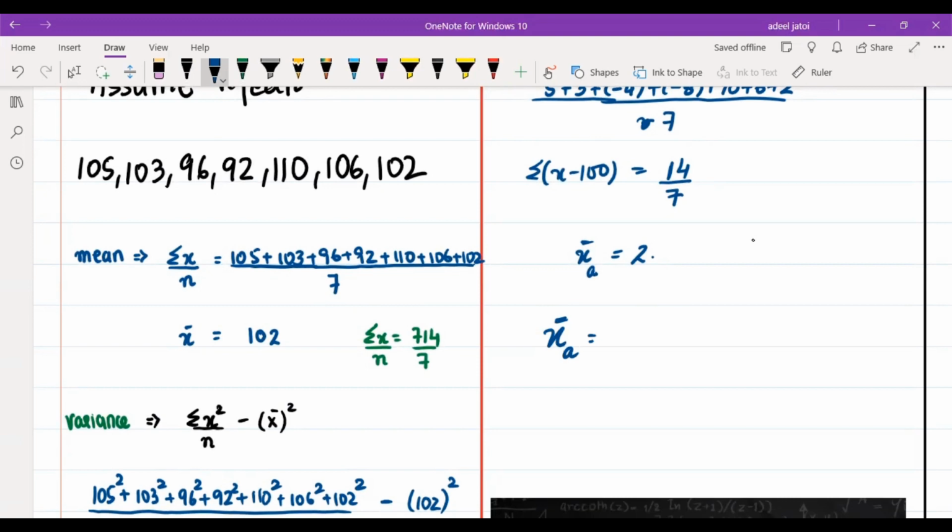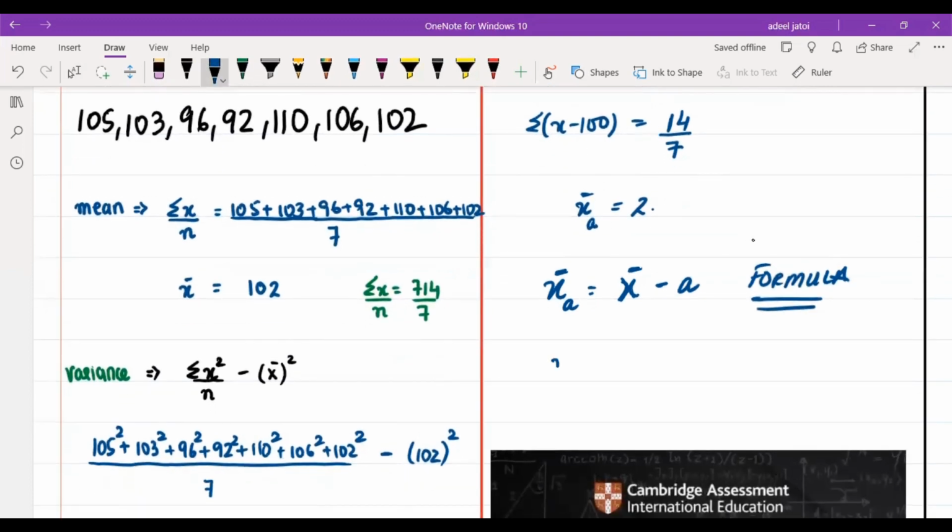So if I am working on my assumed data, that also means that the assumed mean is your normal mean minus A. Now, how do we get this formula?